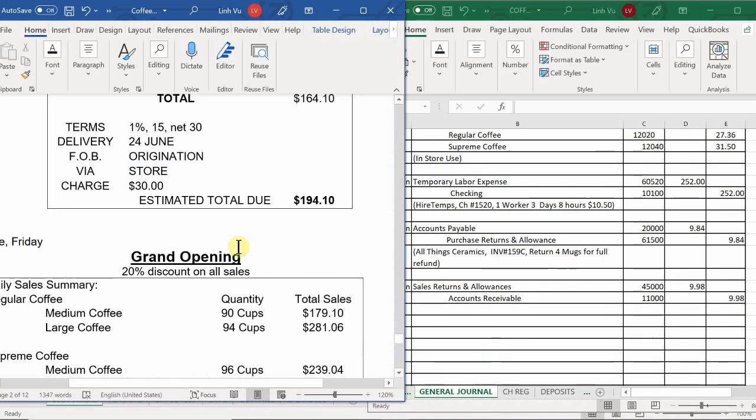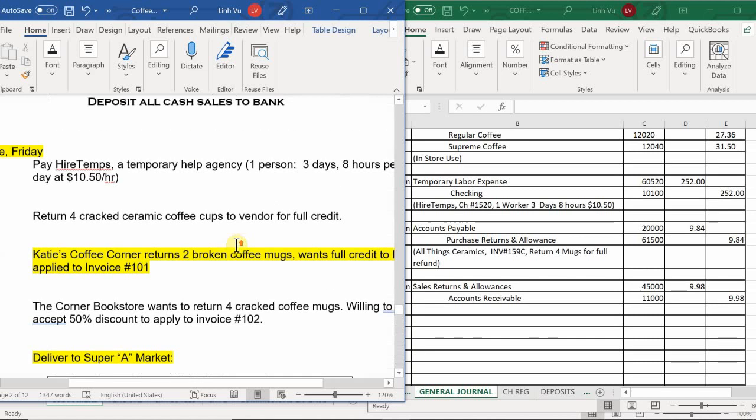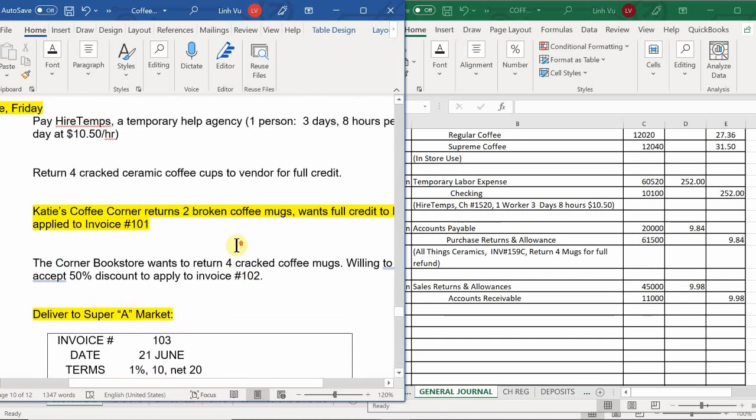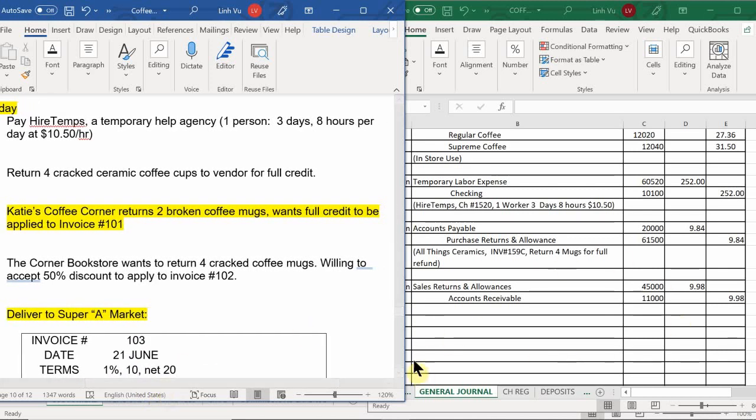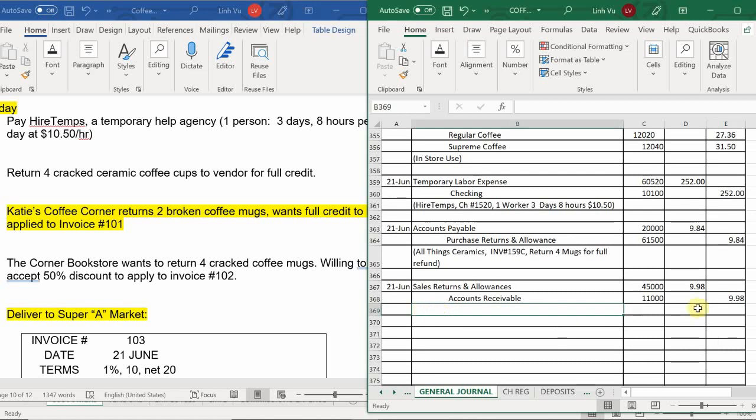Now, in this case, what does she want us to do with this credit? Credit the invoice, to reduce from the invoice. So therefore, we have to write our little note here, Katie's Coffee Corner, that we're going to credit her invoice number 101C because we're going to apply it to the actual invoice.